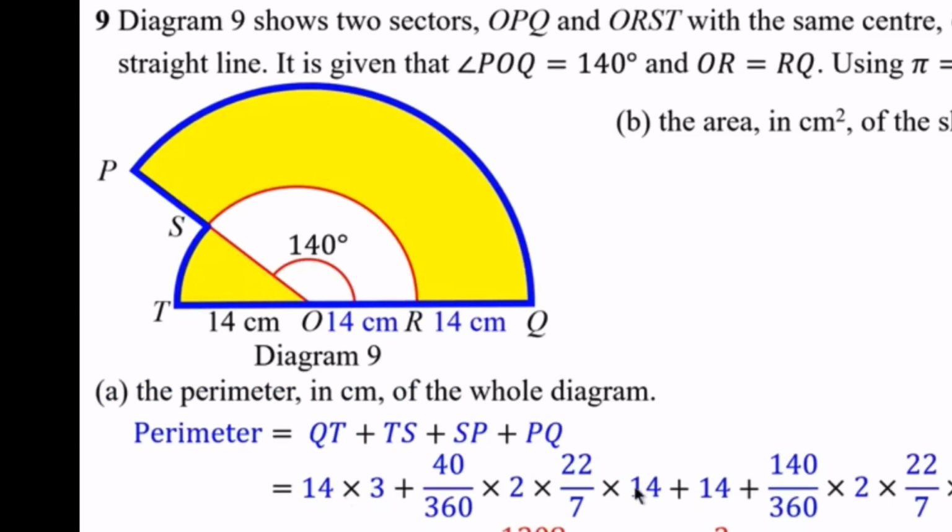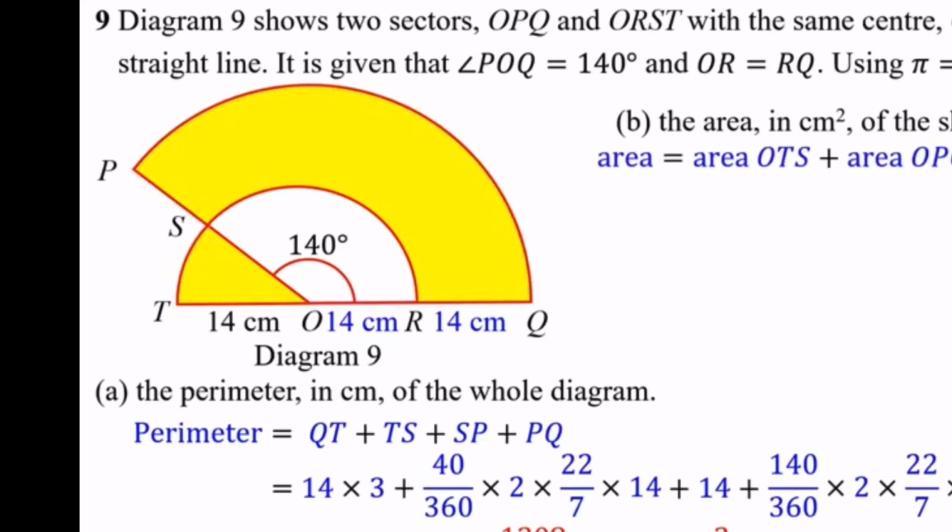Next, we will focus on the area of the shaded region. We need to find the area of the bigger sector, and the area of OTS is a smaller sector, so that one we can find. But for the area of the bigger sector, you need to minus out another sector in white color so that you can get the area shaded in yellow color.